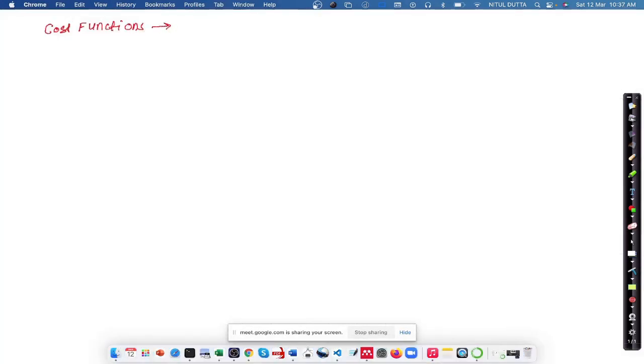This cost function enables us to determine the effectiveness of the machine learning model.